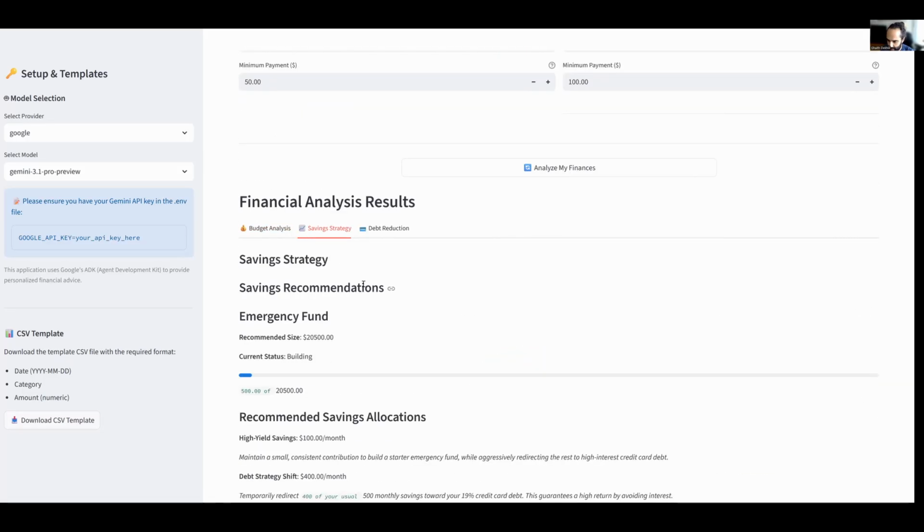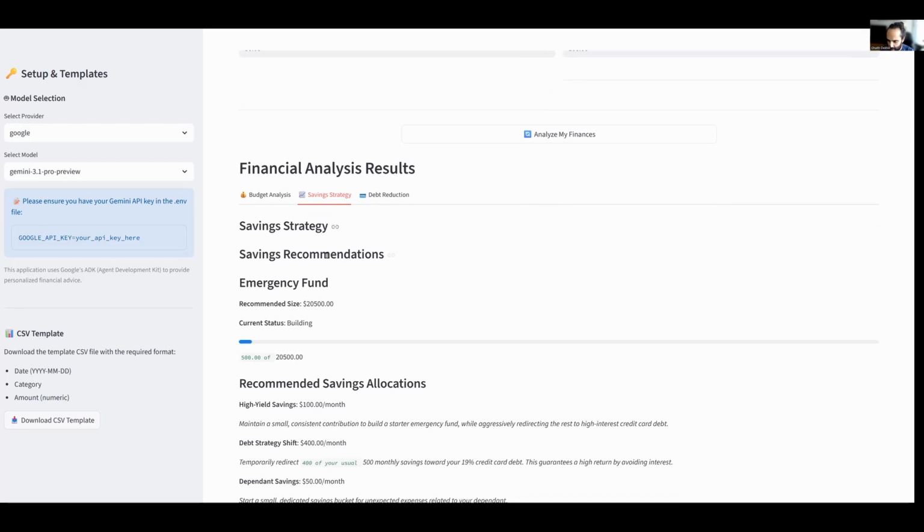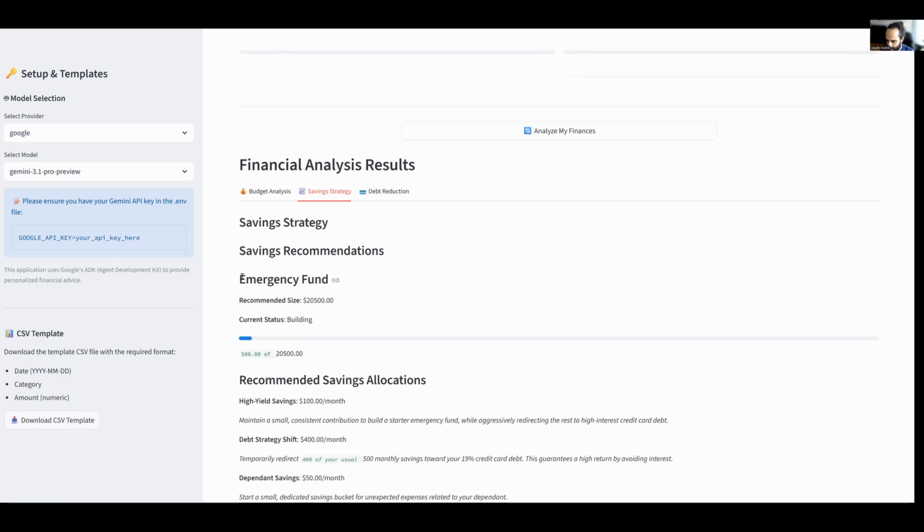If we go to the next agent, which is the savings strategy agent, here the agent is talking about an emergency fund, which is on average around 20K.